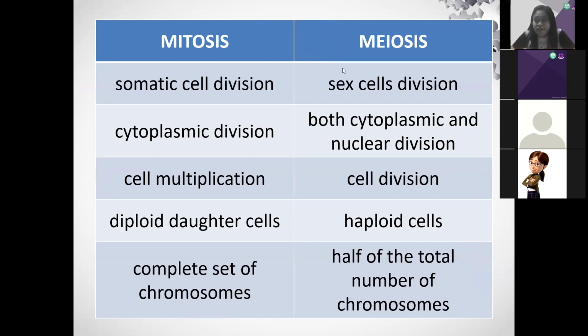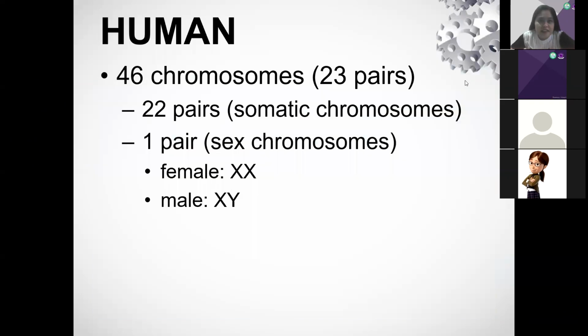Pero they still have this one also contains the phases: prophase, metaphase, anaphase, and telophase. So again, yung human person class contain 46 chromosomes or 23 pairs. So 22 pairs of that will be somatic chromosomes, and then the one pair will determine our sex. Okay? So kaya tinatawag siyang sex chromosomes.